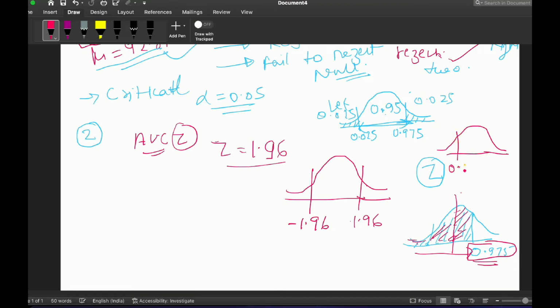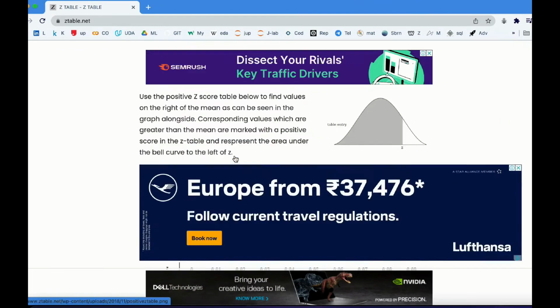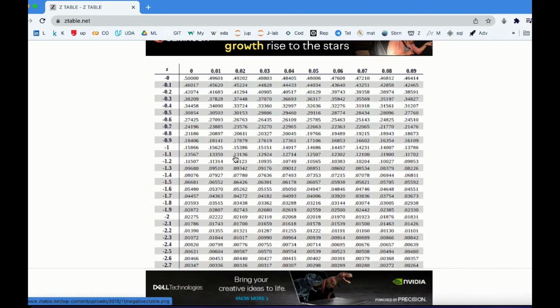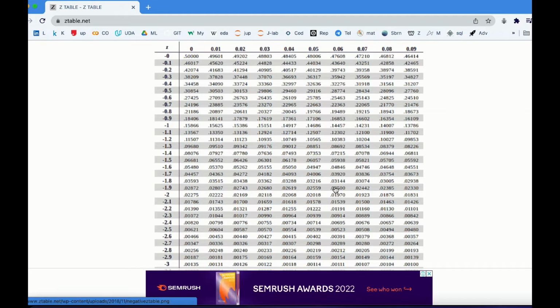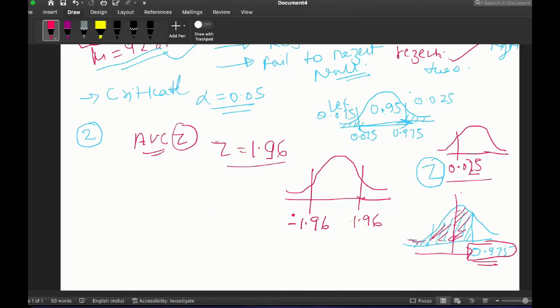So it is 0.025. So if you want, you can check also. This will become minus 1.96. So we'll go again to the z table and we'll see corresponding to the 0.025. So here it is 0.025. It is 1.9 and 6, minus 1.96. Okay, so we have got the two values, 1.96 and minus 1.96.